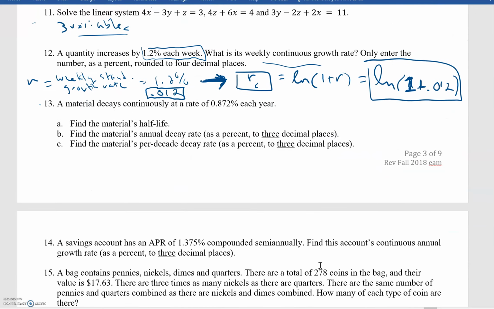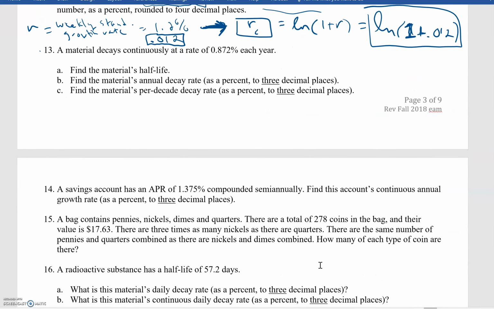A material decays continuously at a rate of 0.872%. All right, so we have a continuous decay. Now, that means that our continuous growth rate, RC, is negative 0.00872.